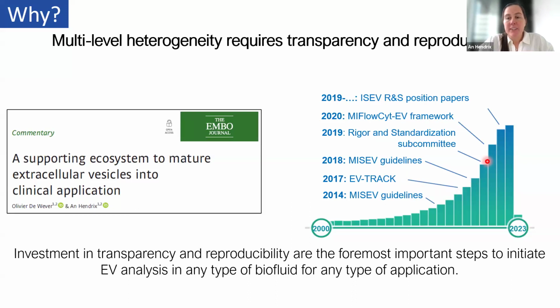The Rigor and Standardization Subcommittee of ISEV has been launched, and multiple position papers dedicated to particular technologies or particular sources have been released. And of course, all these efforts really help to increase reproducibility in the field. But I think the overall reason why all these initiatives were taken is that there is a need for a supporting ecosystem, because in the end, the reason why we study extracellular vesicles is because we want to develop them into applications that can advance multiple research domains.